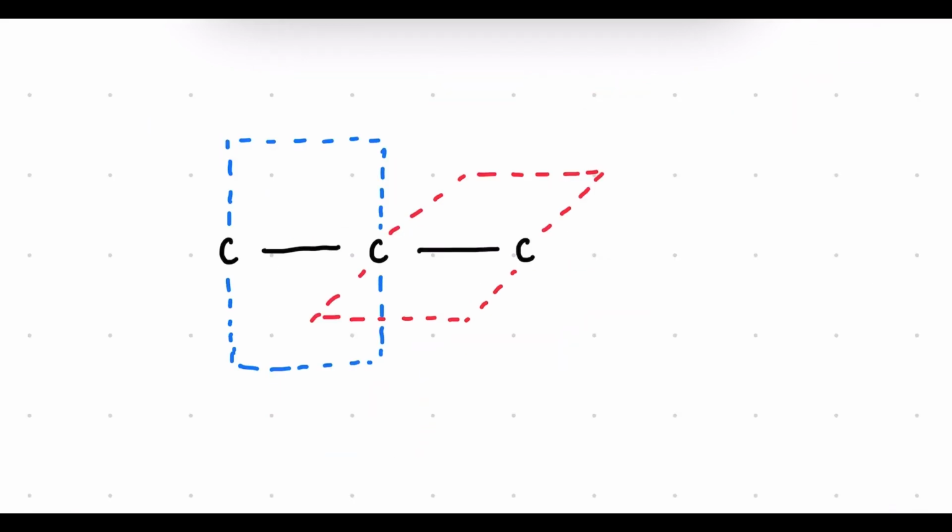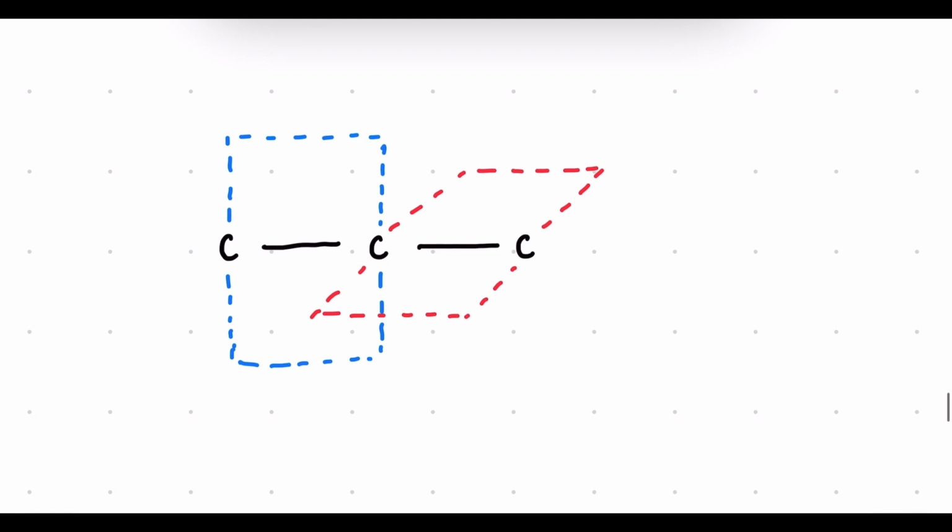Okay, so now we're going to focus on the hydrogens. So let's first talk about the hydrogens present on this carbon. Let's look at this carbon right here. I'm going to highlight it. This carbon right here is our primary focus right now.